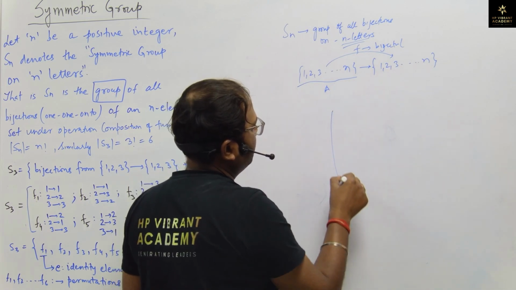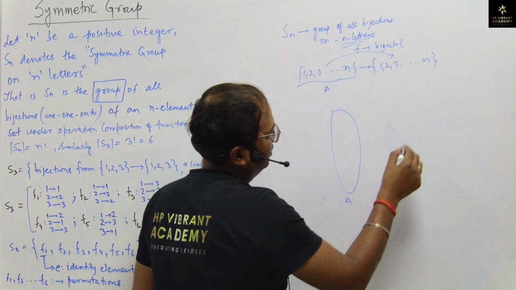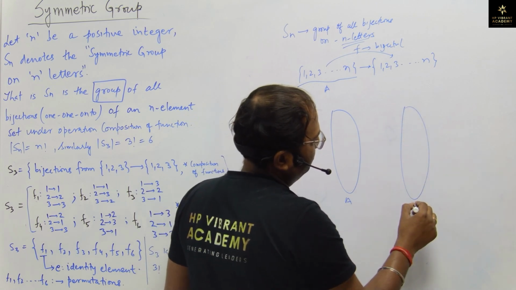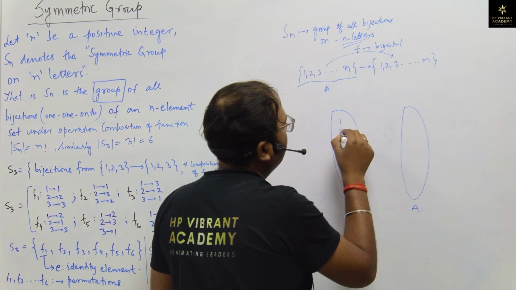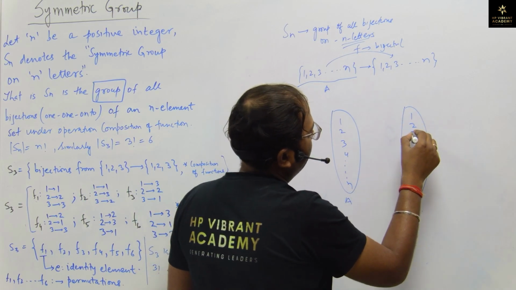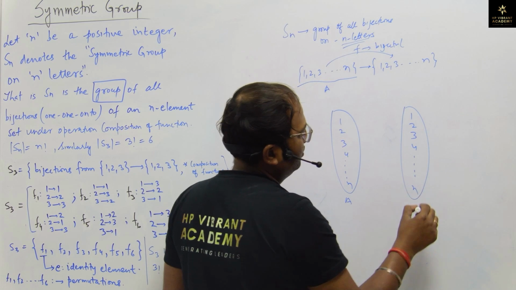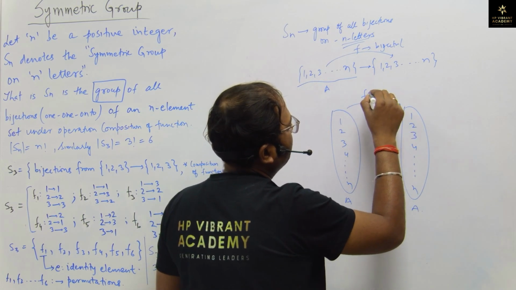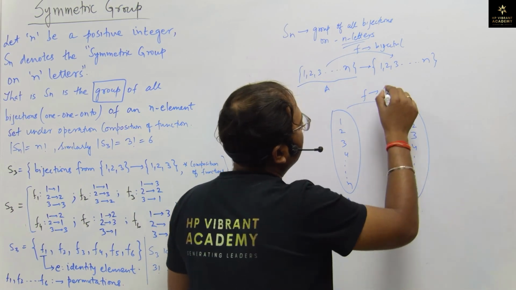So let us take the set A here, and this is also set A. The elements are 1, 2, 3, 4 up to n, and here also 1, 2, 3, 4 up to n. This mapping F is a bijection, that is 1 1 onto.